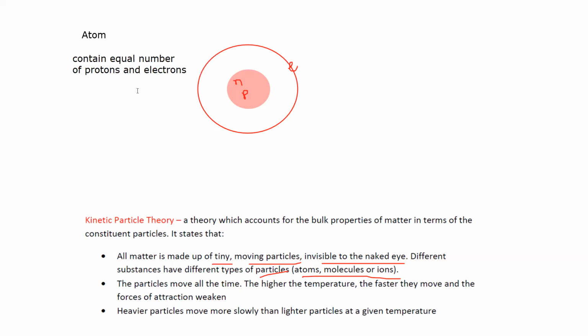So when we have an equal number of protons and electrons, what do we call that? We call that an atom. For example, if I have 2 protons and 2 electrons in a particle, what do we call that particle? We call that an atom.